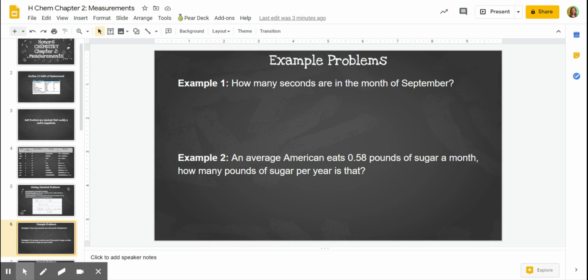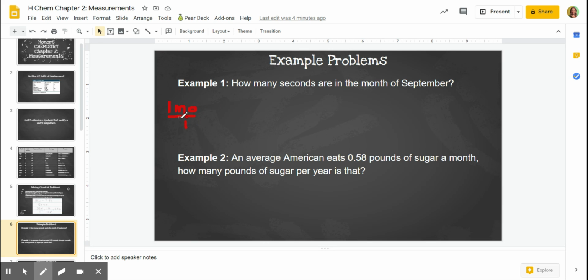Okay, here are some other problems just to practice our conversions between units. So we are going to write down how many seconds are in the month of September. September has 31 days. Okay, so I'm going to put 1 month, MO for month, over 1 is where I'm starting.